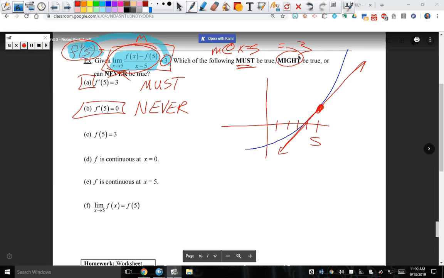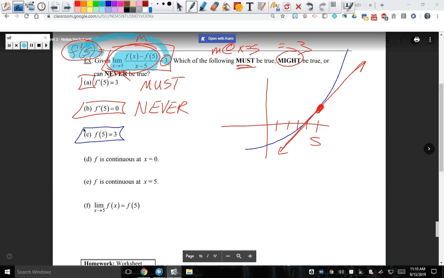Okay? Alright, so now, what is this asking for that's different? Ellen, what is it saying? It's asking for the location, like the point on the graph. Perfect. It's asking for the location as far as what is the y value at what? At 5. Is the y value at 5 equal to 3? Evelyn, what would you say on this? It might be true. We don't know.